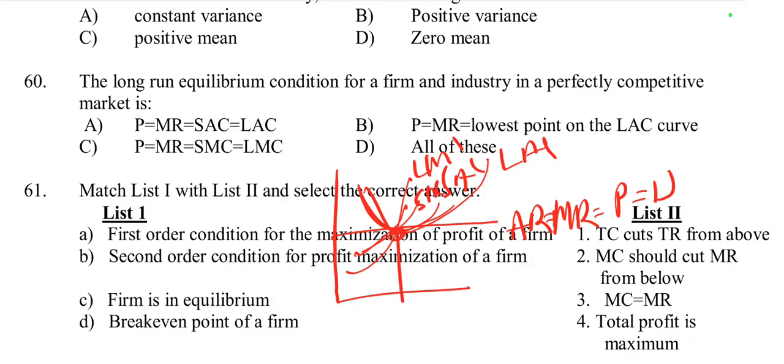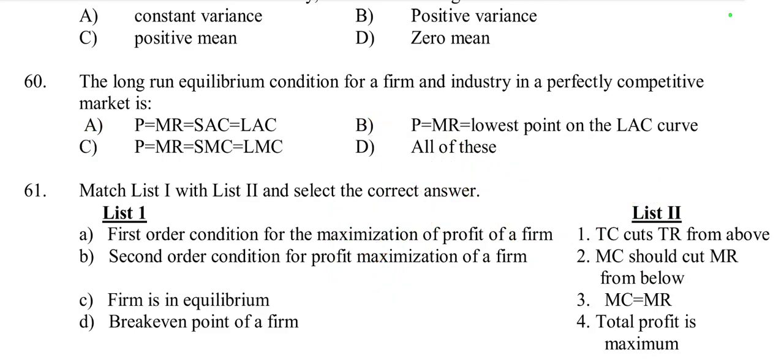The equilibrium point is the same. So the first one is price is equal to MR is equal to SAC is equal to LAC. Yes. Then price is equal to MR is equal to the lowest point of the LAC curve. Yes, it is the lowest point of the LAC curve. Then price is equal to MR is equal to SMC is equal to LMC. Here SMC, LMC are all equal. Option C, all of these. So all of these are right in the long run equilibrium in the perfectly competitive market.